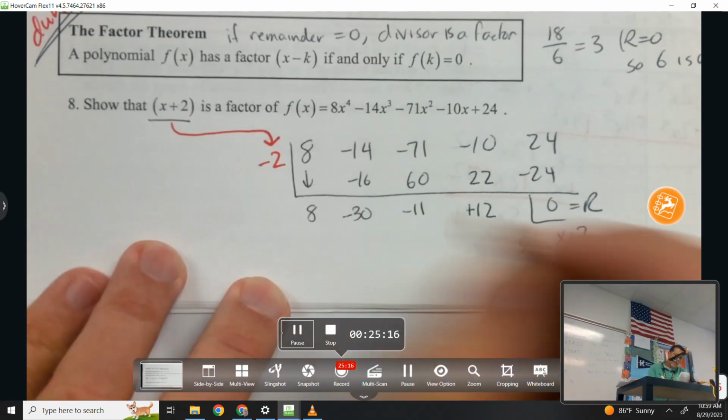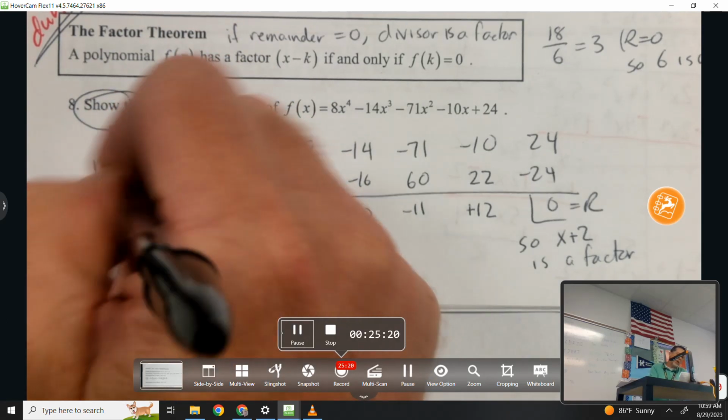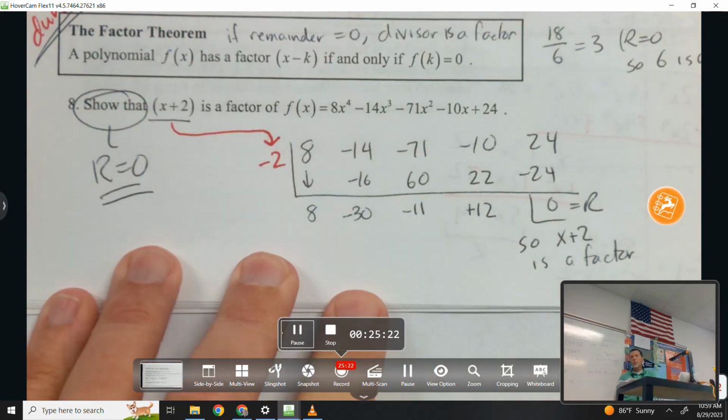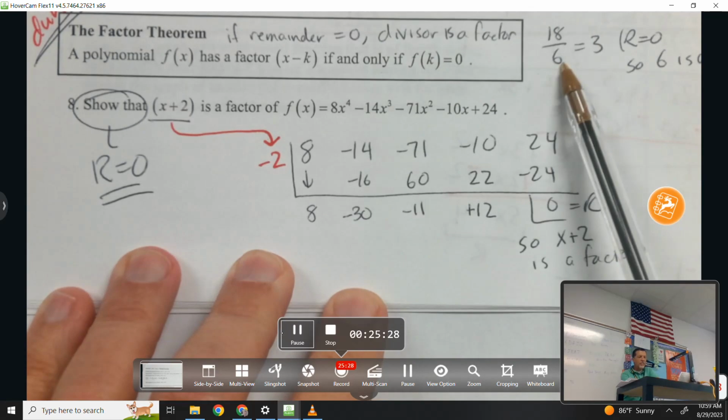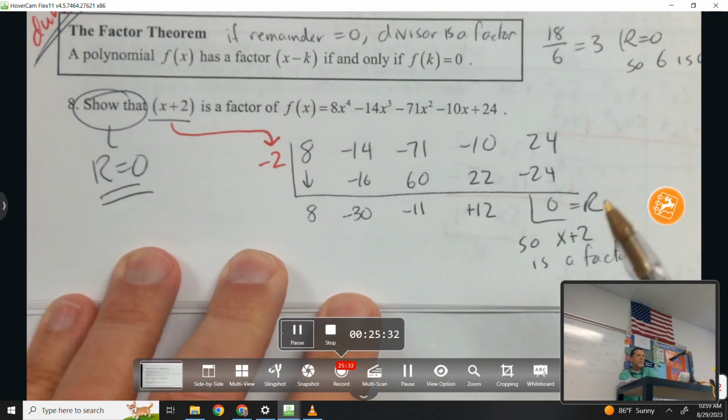Although this one was kind of easy. Show that, meaning we know that r should be 0. So we just have to show the work to get r to be 0, which means x plus 2 is a factor. Just like 18 divided by 6 had no remainder. This is a lot more complicated problem, but 0 remainder means it was a factor.